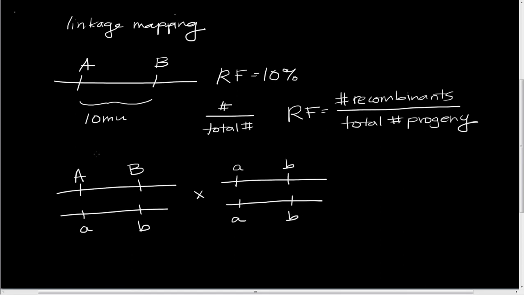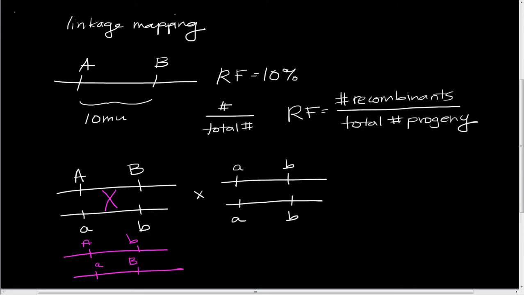And so what we're going to be looking for is recombination events that occur here. These recombination events are going to give us chromosomes that we did not see in our parentals. So now we're going to have a big A, little b chromosome and a little a, big B chromosome.